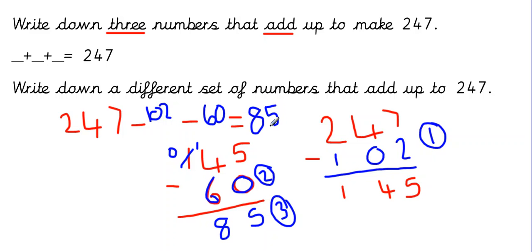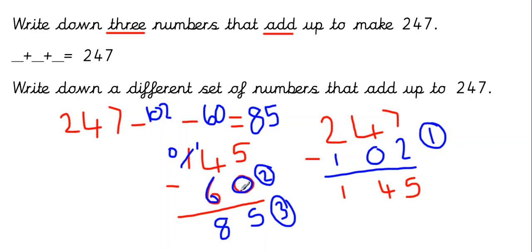Okay, so you are choosing two numbers to subtract. So let's start from the beginning. We've done 247 and I chose the number 102 to subtract. Okay, and then I got 145. So that's my first number to go in my subtraction. So then I've done 145 and then I chose the number 60.